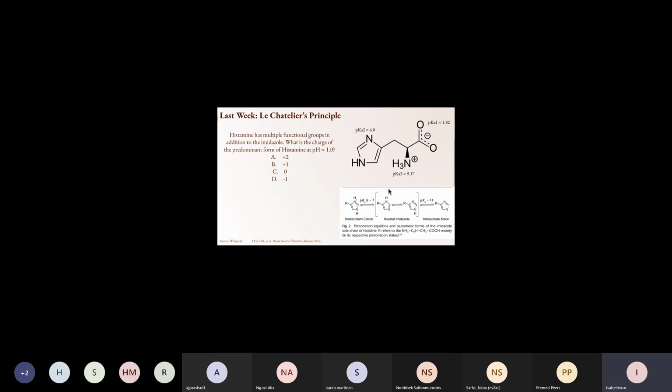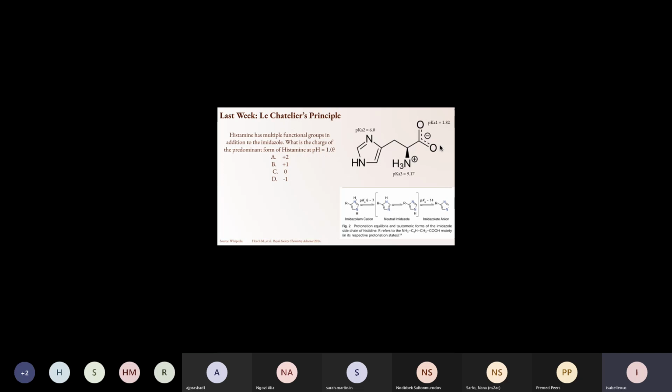So here, comparing the pH and the pKa value, for pKa1, it is at 1.82, and the pH value is even lower than that. So that means there's so much proton that the carboxylic side chain is going to be protonated.